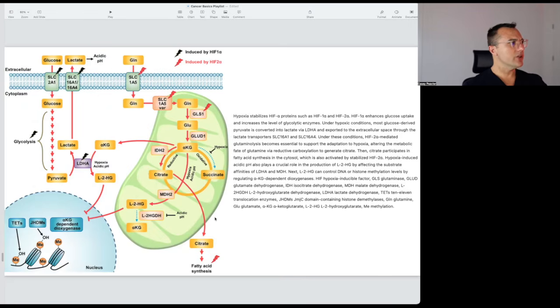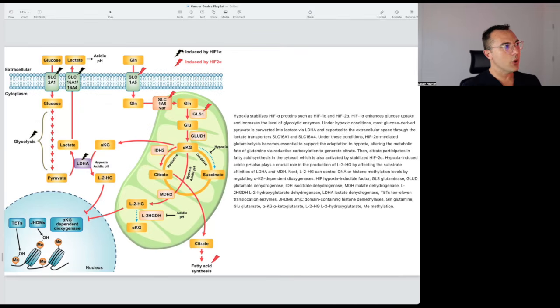You may be asking yourself, why do we care about these hypoxia-inducible factors? What does that have to do with cancer or metabolism? Well, this is a graphic that I like to show in multiple videos because it highlights the importance of hypoxia-inducible factors and their ability to participate in what they call metabolic reprogramming, effectively reprogramming cells from a more oxidative phosphorylation phenotype to the more glycolytic and glutamine-using phenotype seen in most cancers, which is why these are cancer hallmarks.